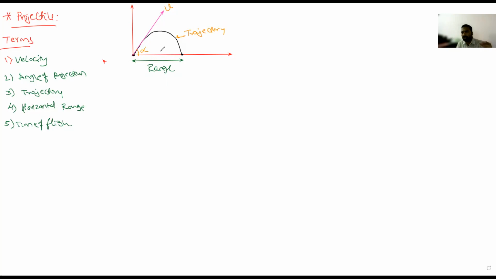There are total 4 cases. Among them, the first and second cases are very important from the examination point of view. The first one is motion of a body projected horizontally. Yesterday you started this one, correct?